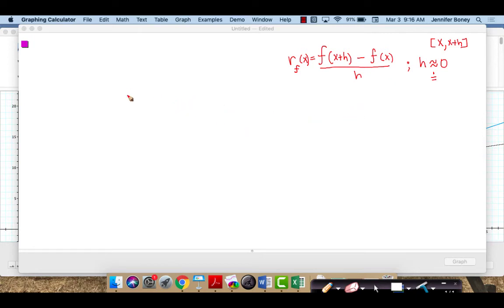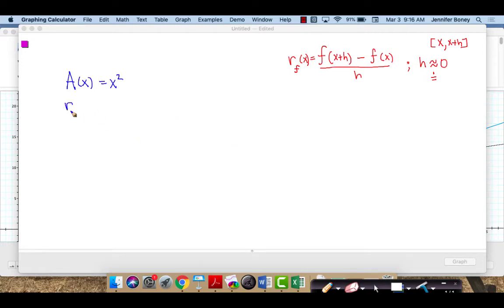So the two functions that we looked at on Thursday were related to geometry. So we had the area of a square given by x squared. And if I want to know at what rate the area changes relative to side length changes, area is given by a of x, where x is the side length of the square.